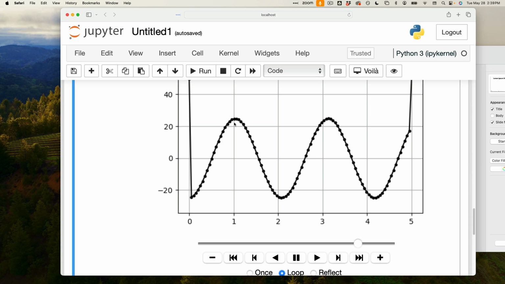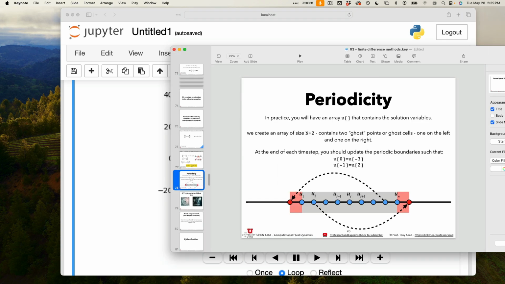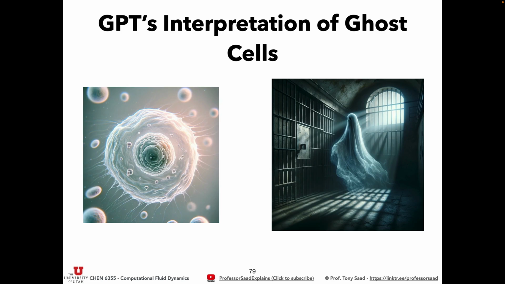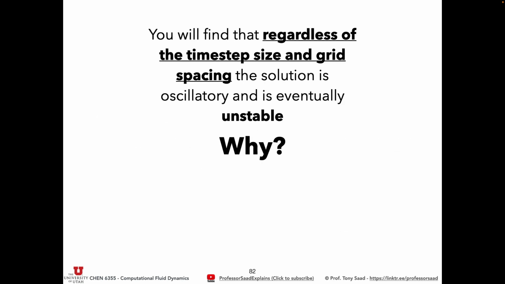All right. So, do you think I made a mistake? I don't think so. Well, I made mistakes last time I taught the course, so I'm pretty sure I have no mistake in my code. The mistake is in the method itself. So let's see what's going on. We're done with periodicity. You can try changing the time step size. You can try changing the grid resolution.